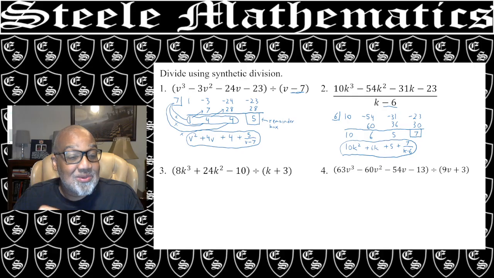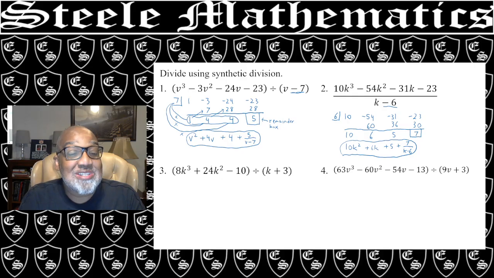All right, next we got 8k to the third plus 24k squared minus 10, divided by k plus 3. Okay, now, here's what I mean by if you got 8k to the third, you must have a k to the second term and a k term, which is what we don't have, and a 10.